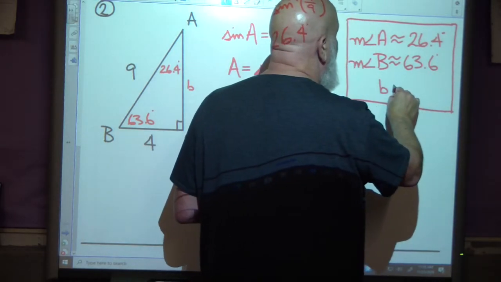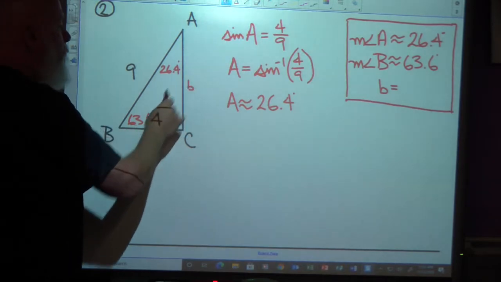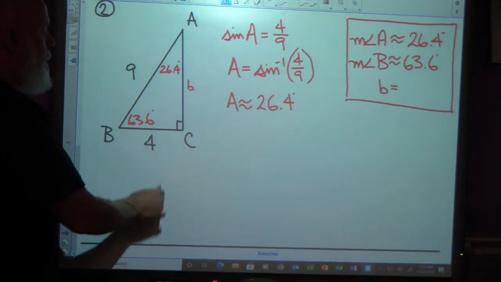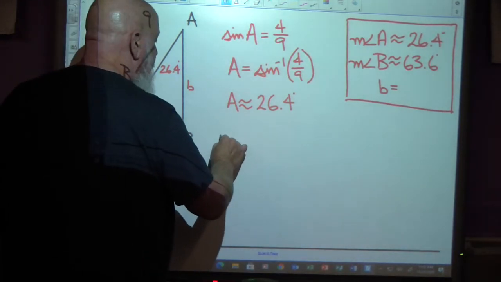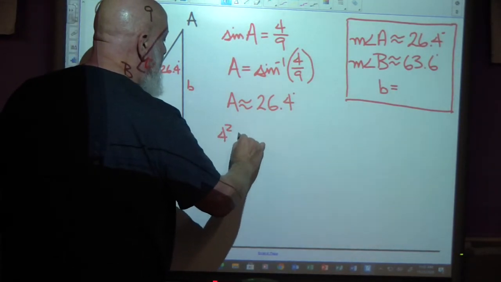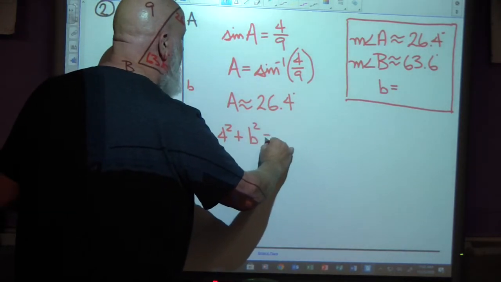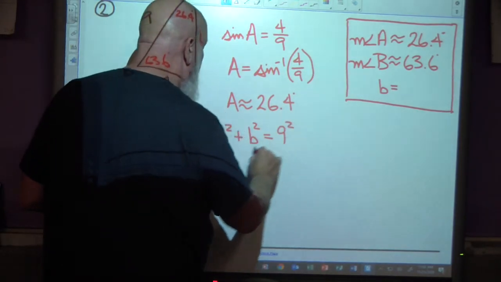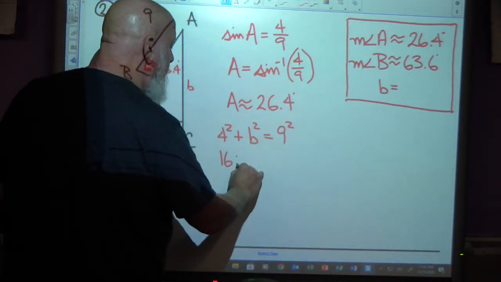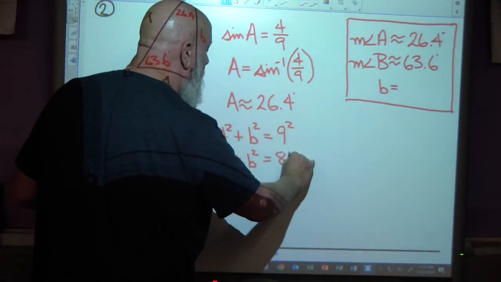And to find side b, I am going to use the good old-fashioned Pythagorean theorem. I'm going to say a squared plus b squared is equal to c squared. So I'll say 4 squared plus b squared is equal to c squared. That gives me 16 plus b squared is equal to 81.